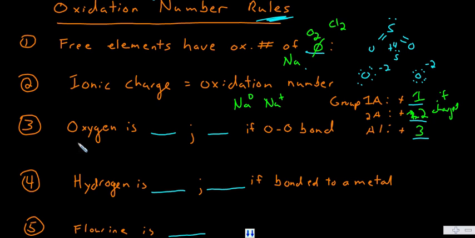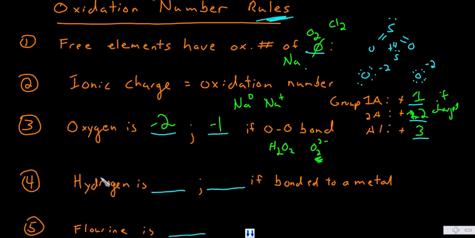If it's bound to something else, then it will often have an oxidation number of -2. However, if there's an oxygen bond, but not in O2, but say in hydrogen peroxide, any peroxides or peroxide ions, those oxidation numbers will be -1.